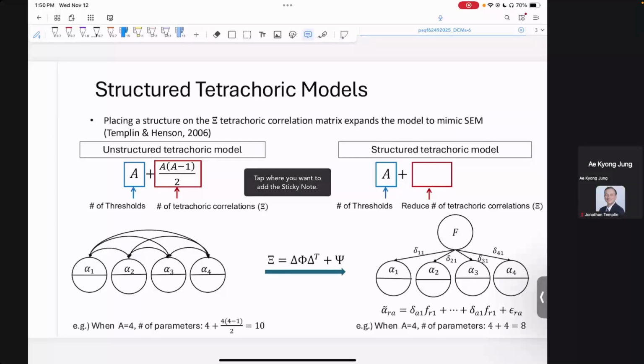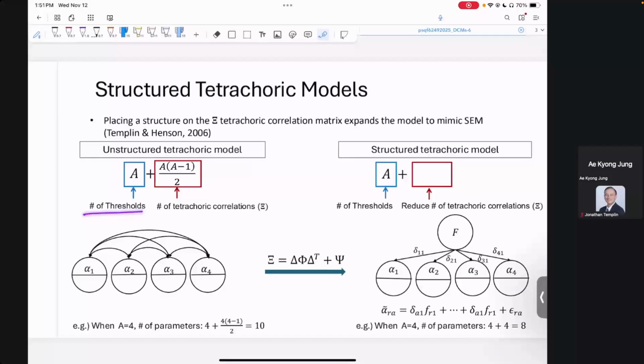Each attribute, we know they are correlated with each other. So we want to find the correlation between all pairs of the attributes. That's how we get the parameters. In this unstructured tetrachoric model, we have 4 attributes.